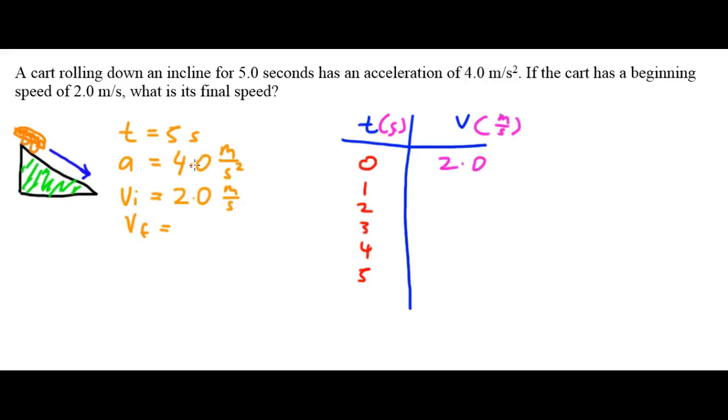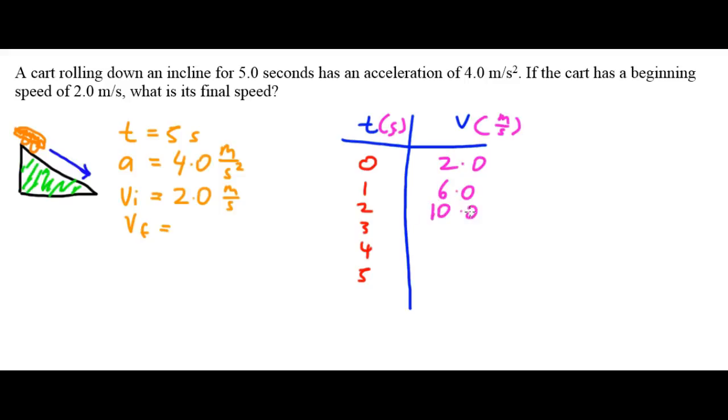Now, acceleration literally means for every second that goes by, that is how much the velocity increases. So at 1 second, it's going to be 4 meters per second faster. So 2 plus 4 is 6. So after 1 second, it's going 6 meters per second. Now after 2 seconds, it's going to go another 4 meters per second faster.